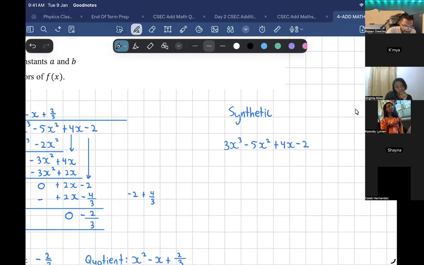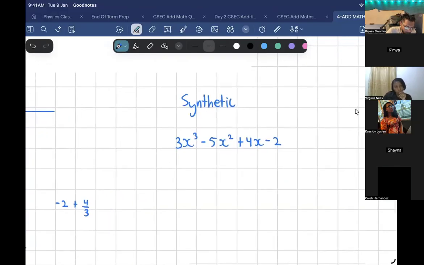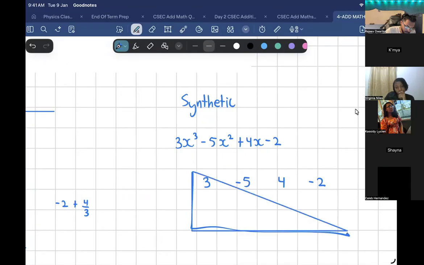So you write your little... coefficients? Yeah, you're removing a variable, so it will be 3, minus 5, plus 4, minus 2. And then you draw a little line.